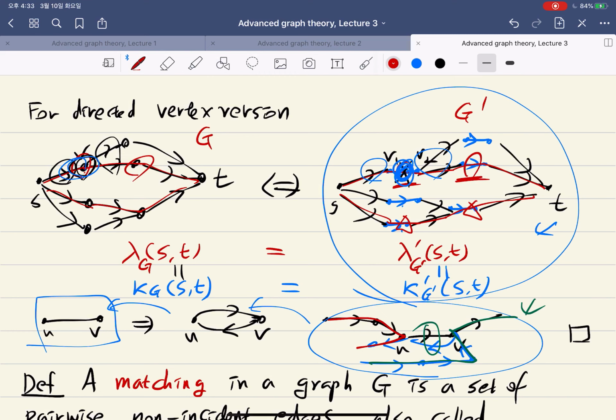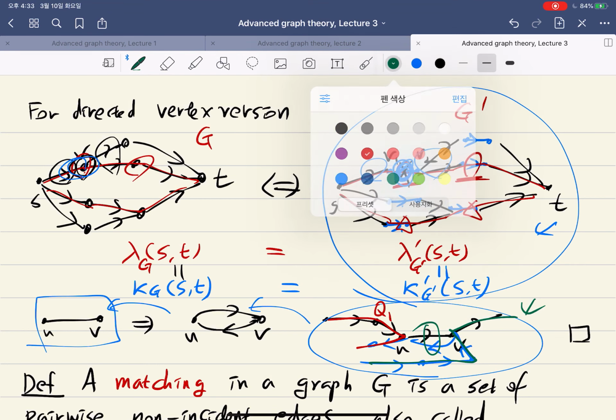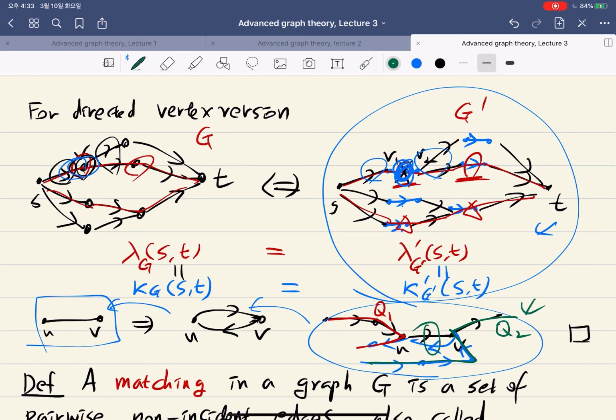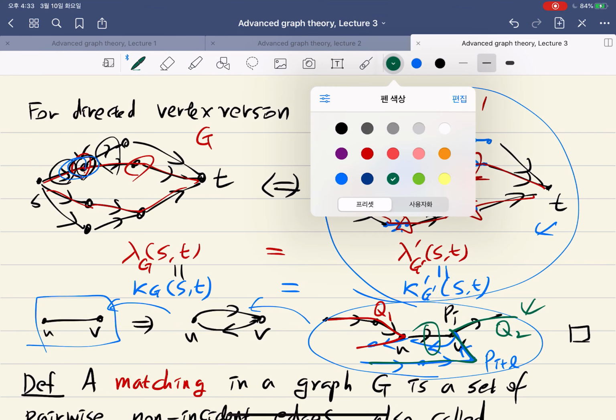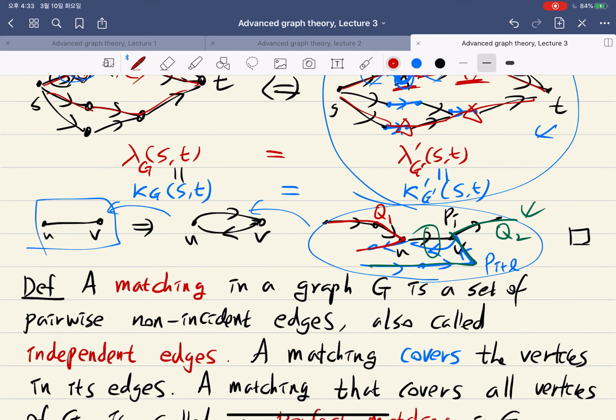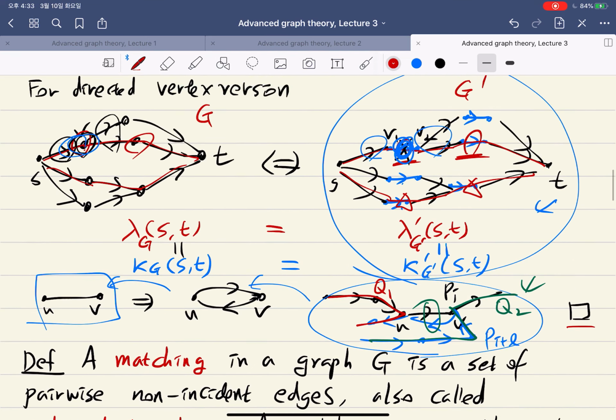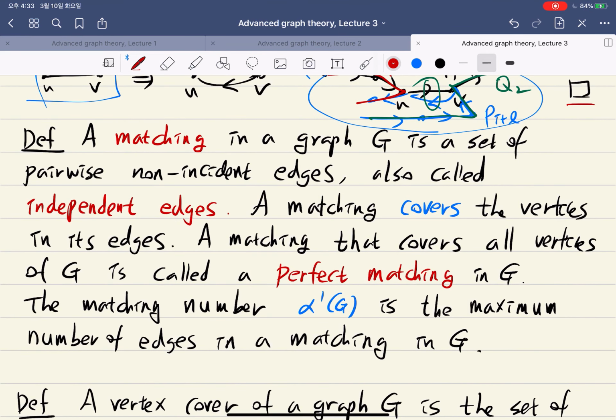We take the union and we find the two paths Q1 and Q2. So this red one is like Q1 and this green one is like Q2, while the black one is like Pi and the blue path is like Pi plus 1, on a philosophical level. Anyway, you can check yourself for the undirected version. So this shows that we can prove Menger's theorem.